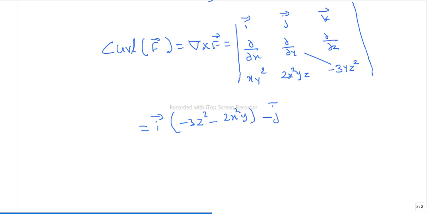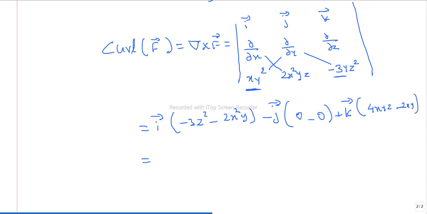Minus j vector times, removing the second column and differentiating with respect to x, we get 0 because there is no x here, and with respect to z, again 0 because there is no z. Now plus k vector times, differentiating with respect to x we get 4xyz, with respect to y we get 2xy.